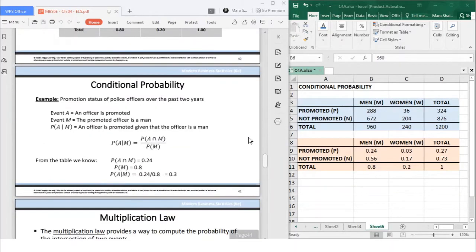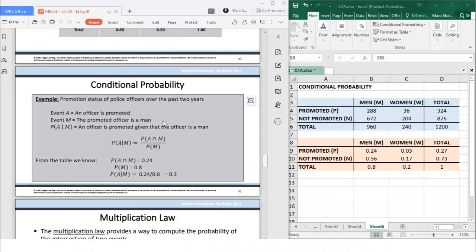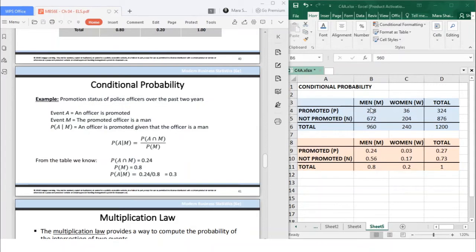Let's try to look at this. Conditional probability is again the probability of an event A given another event. In this example, event A is the officer is promoted.